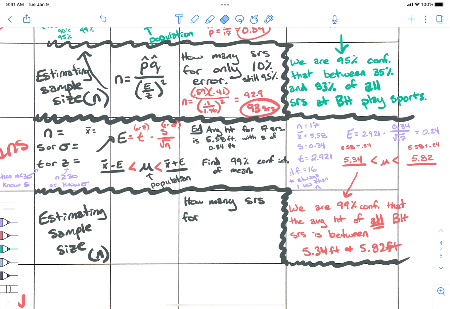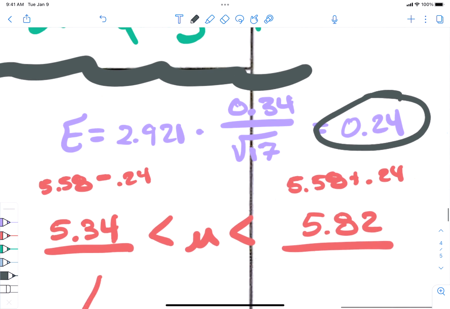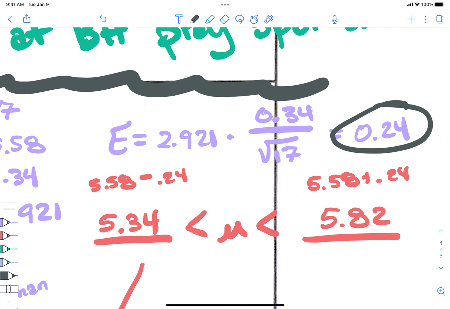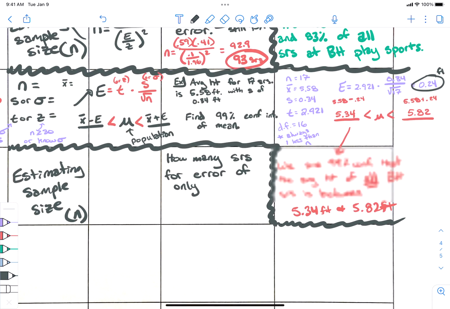These aren't percentages. 0.24 was my error. What is the unit on 0.24? Feet, right? 0.24 feet is how much we're adding and subtracting. So we want to only be off by, let's do only 0.15 feet. What's 0.15 feet?